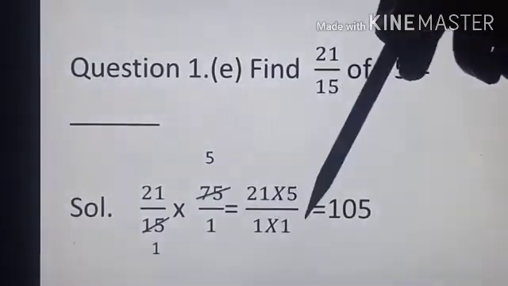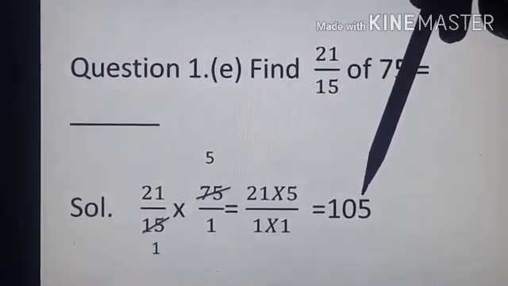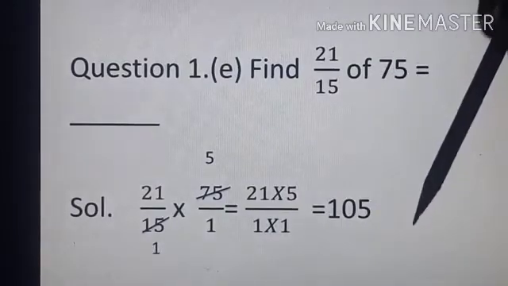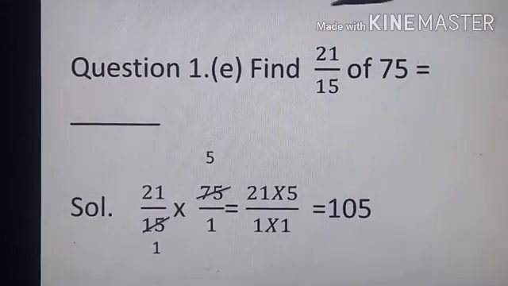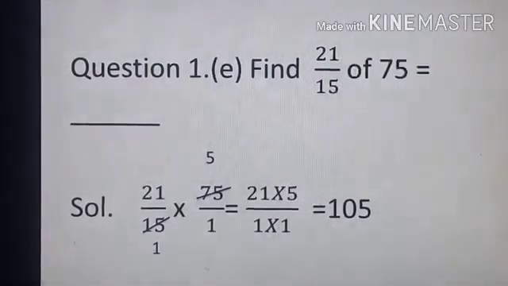Now it is left 21 into 5 upon 1 into 1. 21 fives are 105. If you are writing here 105 upon 1, that is equal to 105, and if you are writing directly 105, that is also correct, because 1 into 1 will give you the denominator 1 only. So our answer is 105.